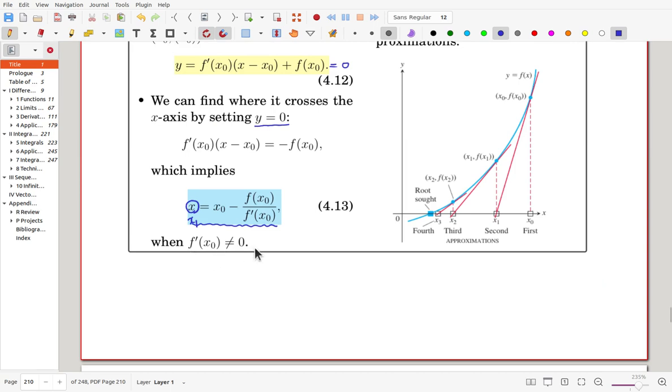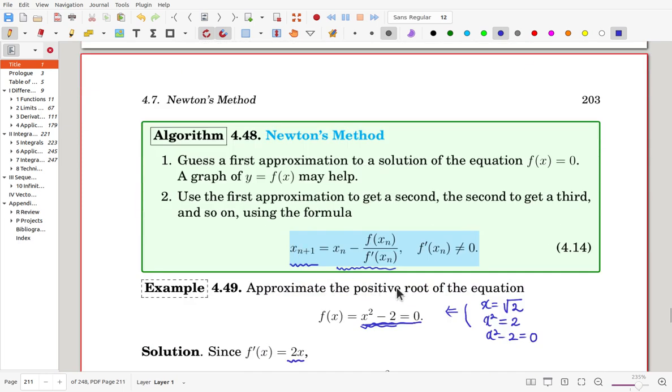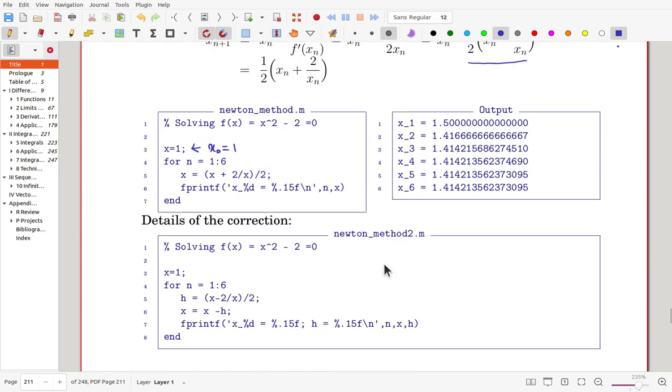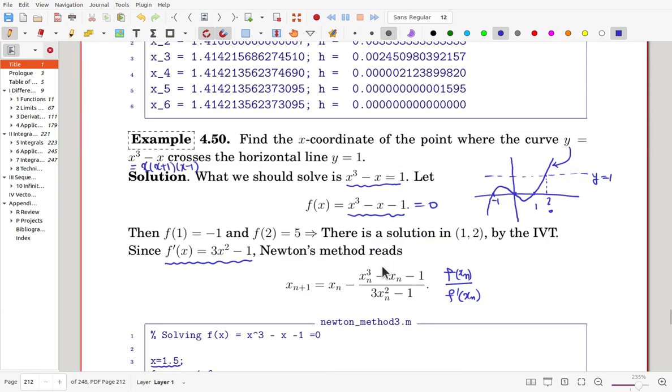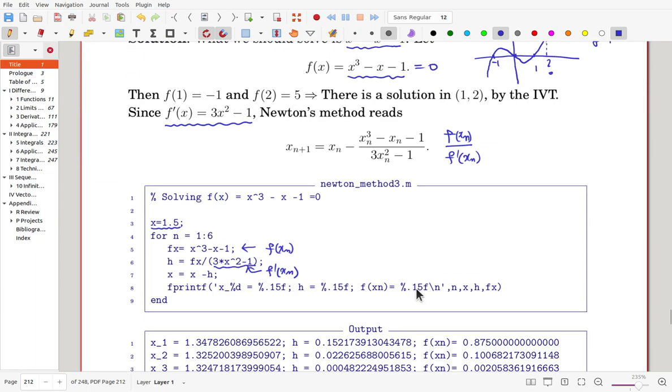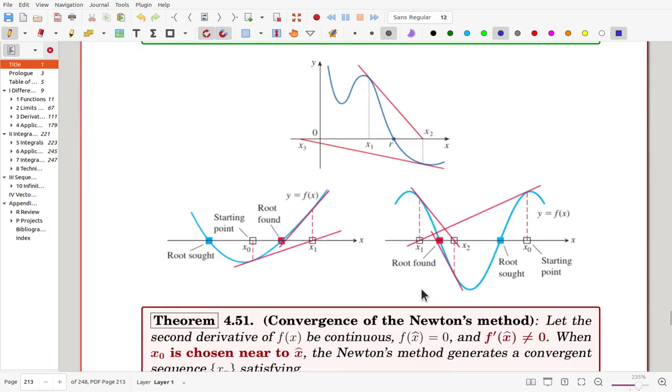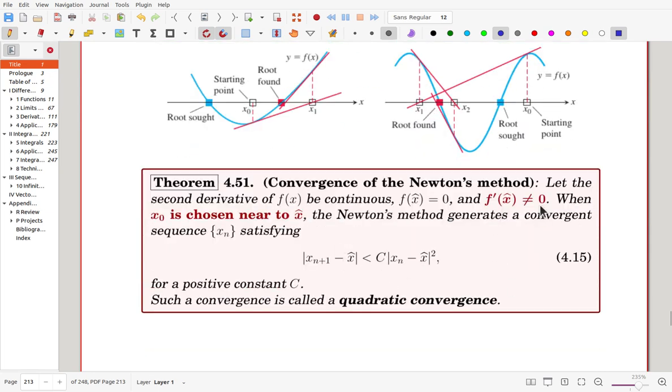Of course, later on, f prime at every iterate should not be 0. So always non-zero, then it's okay.